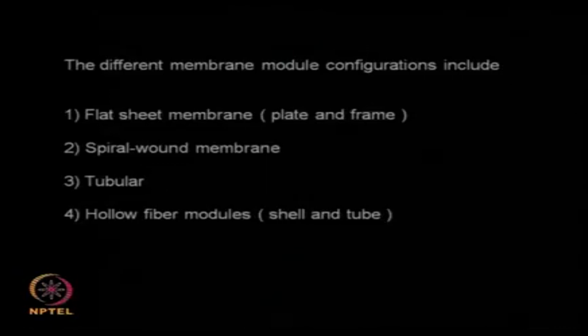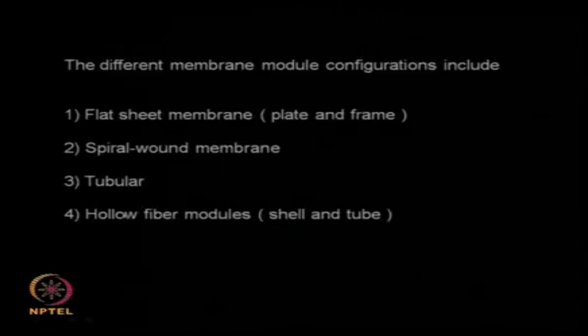There are different types of membrane configurations which I mentioned yesterday. You can have a flat sheet membrane, which is like a plate and frame design. We can have a spiral wound membrane, that means the membrane material is wound like a spiral, so the flow also takes place in a spiral fashion. We can have a tubular membrane, like a tube whose walls are porous.